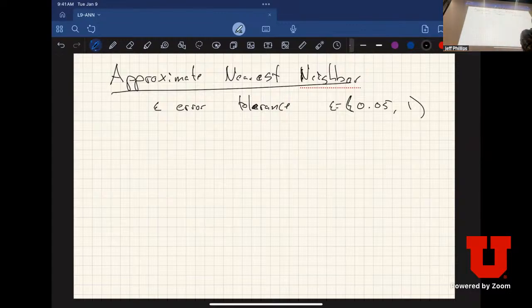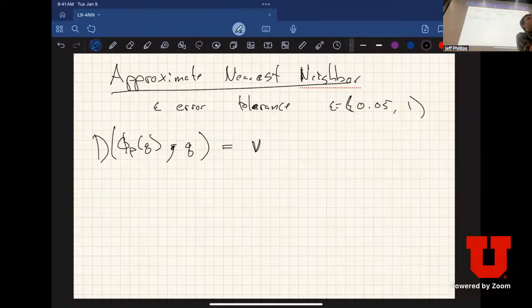So let's say that the norm of P minus Q is the distance between Q and the approximate nearest neighbor. Okay, so let's call this value V, which is the optimal distance to the nearest neighbor. This is the distance to the nearest neighbor.